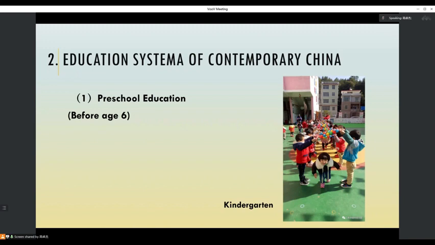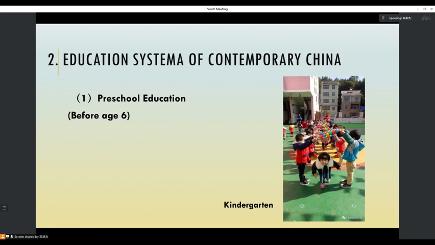But before primary school, children can go to private school education. Private school means kindergarten, to take care of the children, not to educate them.